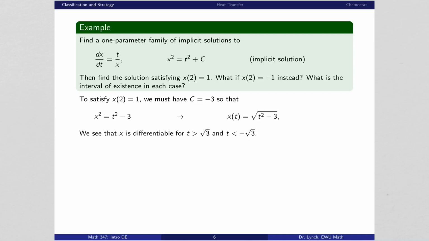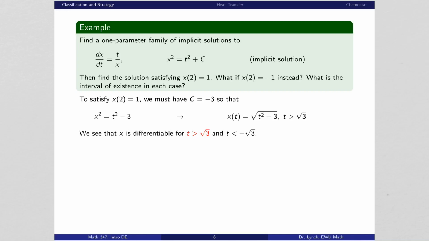Okay, we can see that the solution is differentiable on two intervals. It's differentiable for t greater than square root of 3 and for t less than negative square root of 3. Now, our interval of existence is only one of those intervals, and the way that you identify the interval of existence is by choosing the one that contains the initial t value. So, of course, the initial t value in this case is 2, so we choose the interval of existence t greater than the square root of 3.